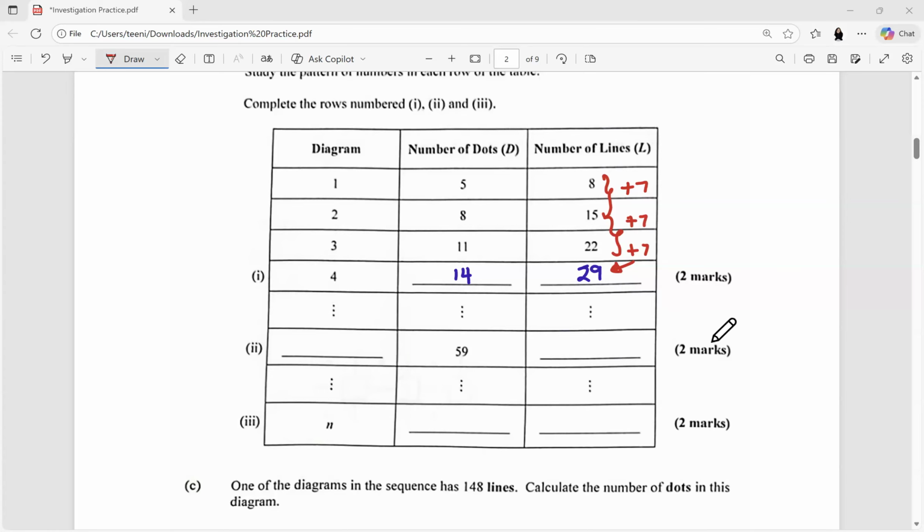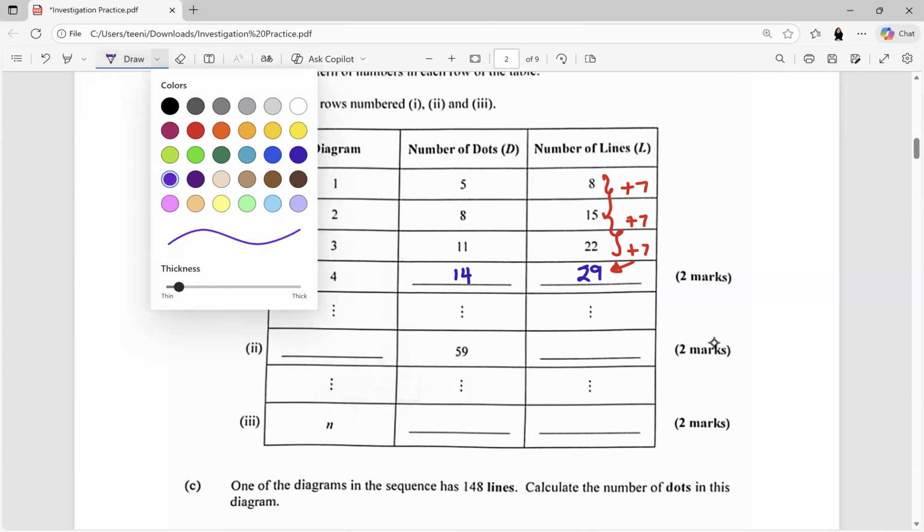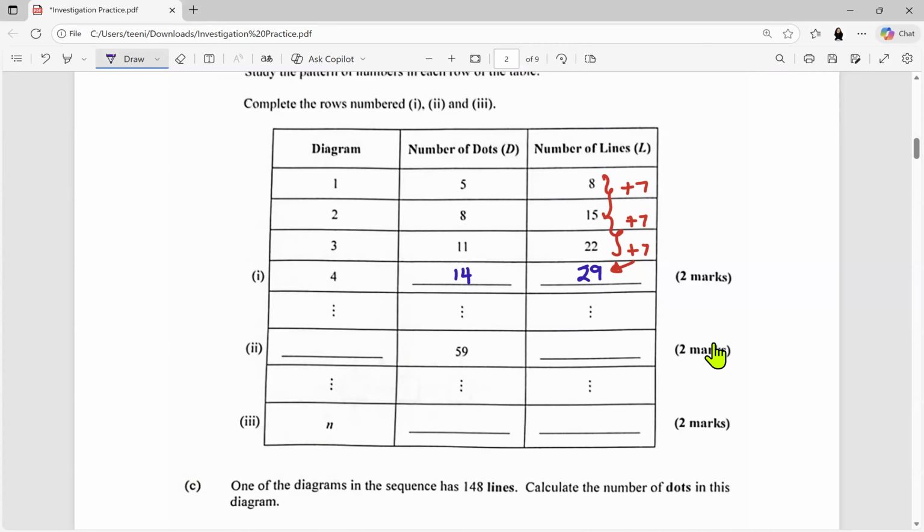However, once you have established the common difference, then you can figure out an equation to tell you the relationship between the diagram number and the number of dots. How do you do that? Well, first things first, we've already established that the number of dots is increasing by 3, right? So what we do is we take 3 and multiply that.